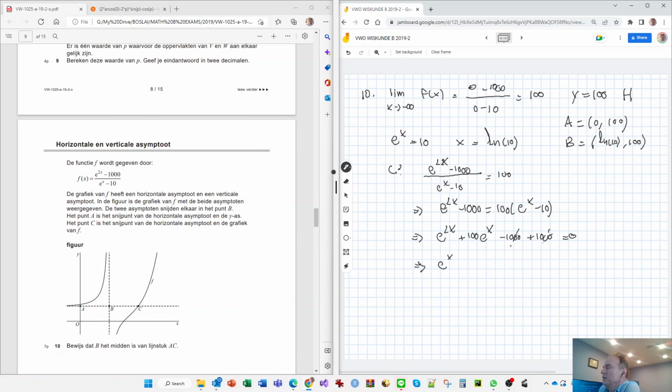You can just see that you can factorize e to the power x. So this to be 0. That means that e to the power x must be something wrong.